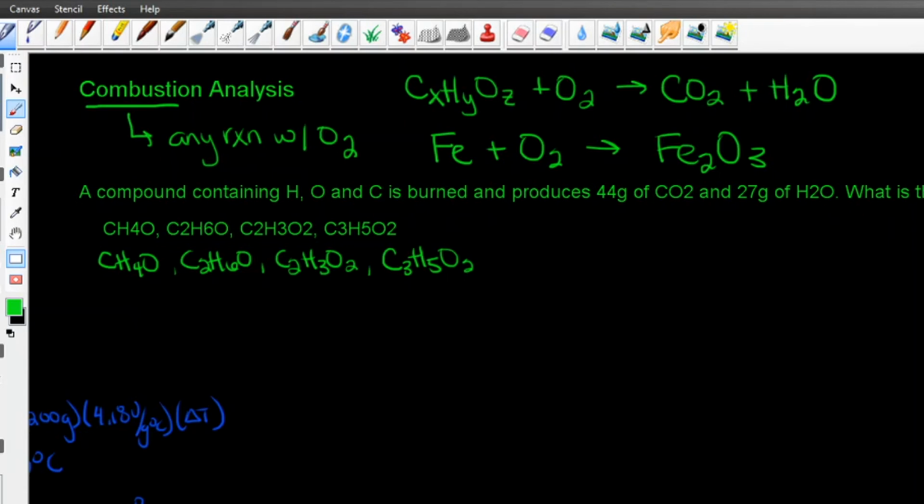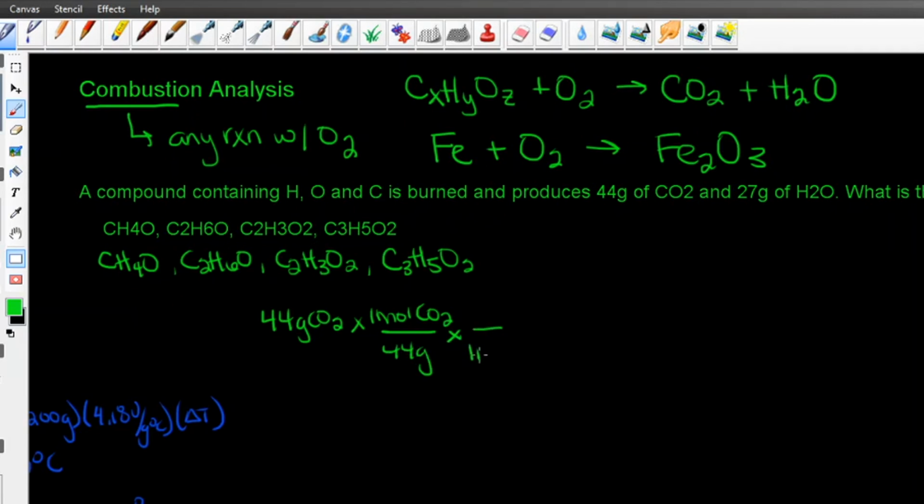So what I basically need to figure out, based on this information that I'm given, this 44 grams of CO2 and 27 grams of water, is what are my proportions of carbon to hydrogen in these products. So I know that if I've got 44 grams of carbon dioxide, 1 mole of CO2 is 44 grams.